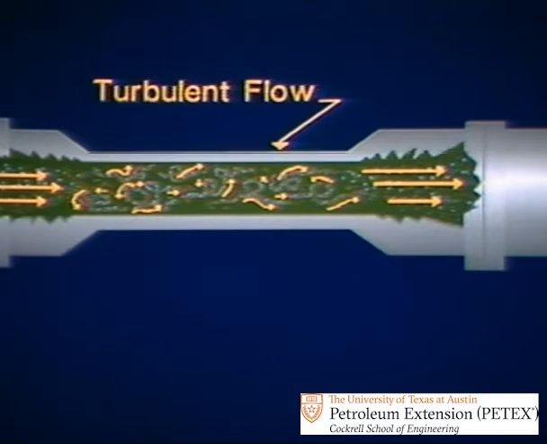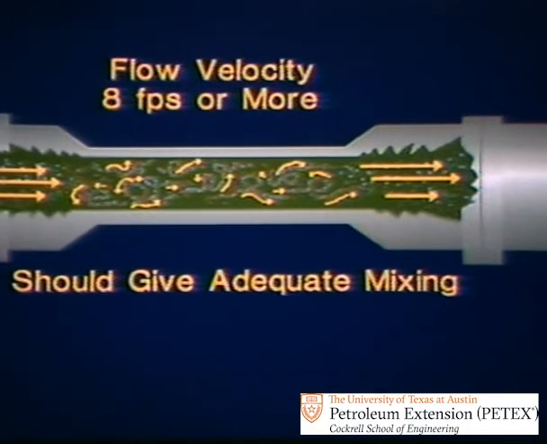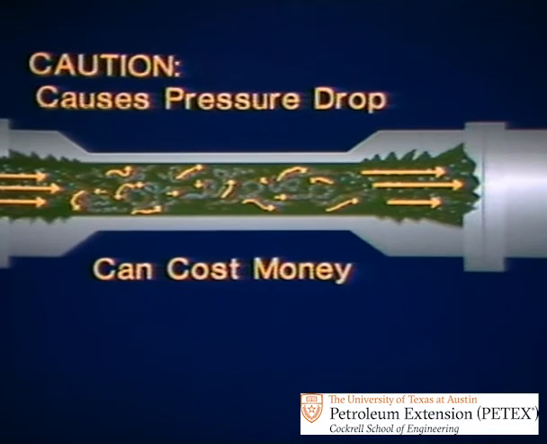Turbulence helps to mix the stream. Typically, if the flow velocity is 8 feet per second or more, and light crude oil is flowing in the line, then this system should give adequate mixing. But a word of caution: this method creates a permanent pressure drop with wasted horsepower that can cost you money.